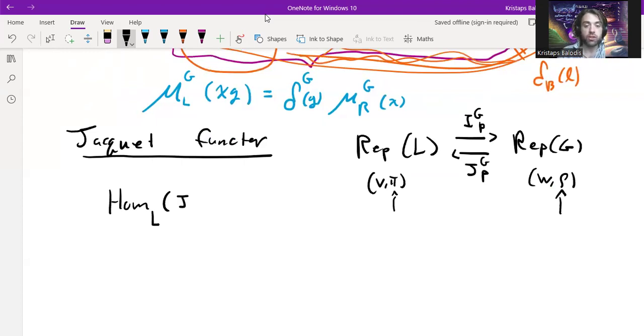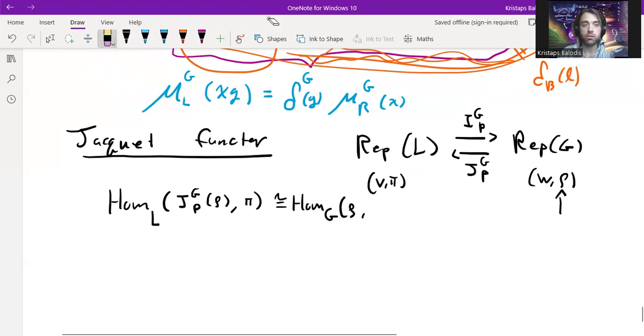So it'll be the case that the homomorphisms from the Jacquet of rho into pi will be in bijective correspondence with the homomorphisms from rho into, running out of room here, the normalized parabolic induction of pi.